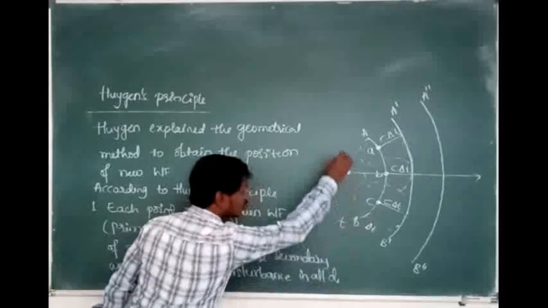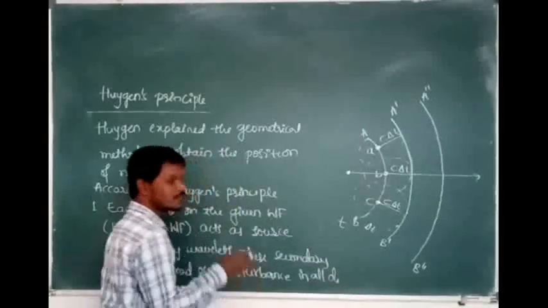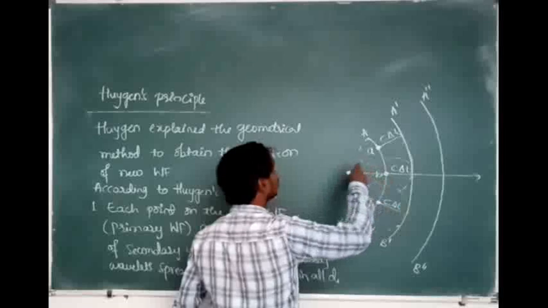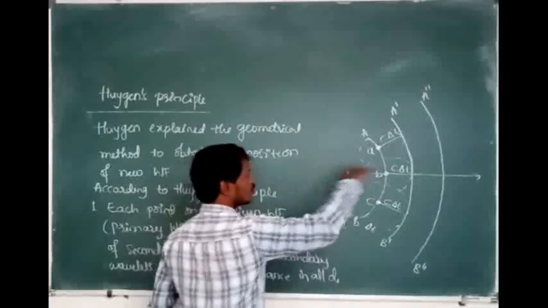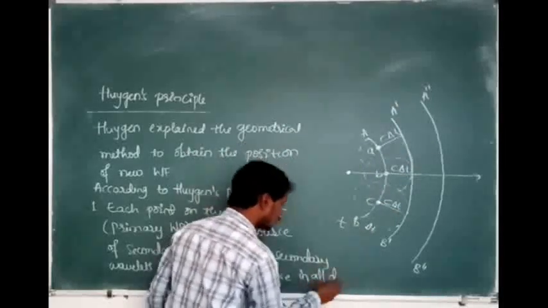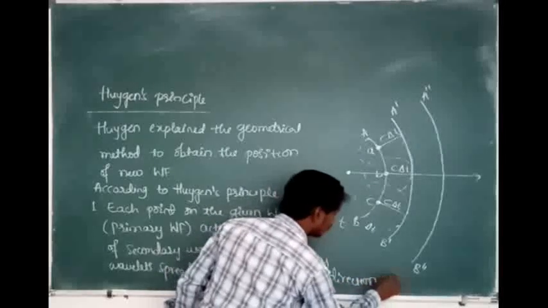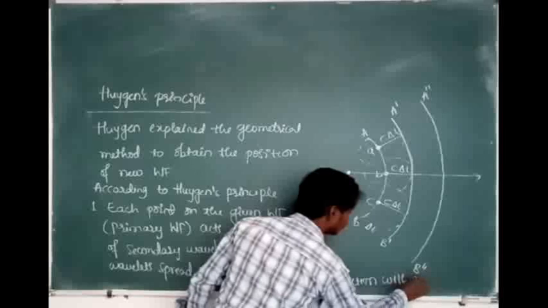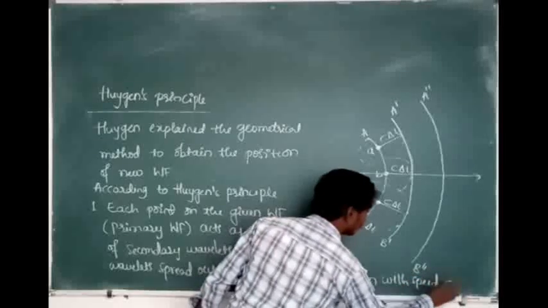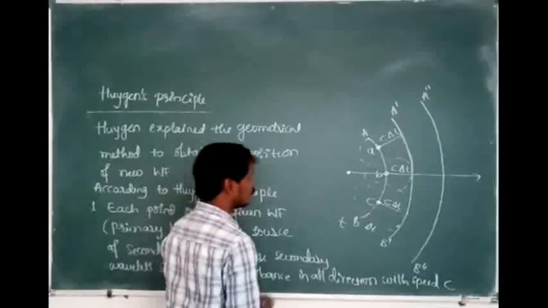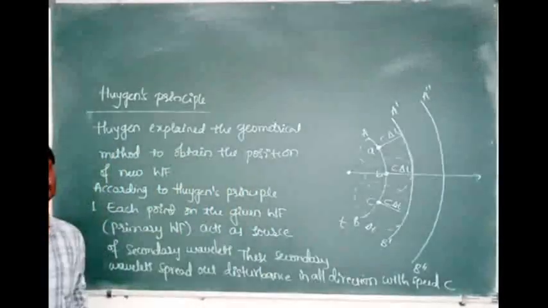But here we are going to take a section of the spherical wavefront, meaning part of the spherical wavefront. Here light waves are propagating in all directions with the speed of light, with the speed c. Next, what is the second statement here?